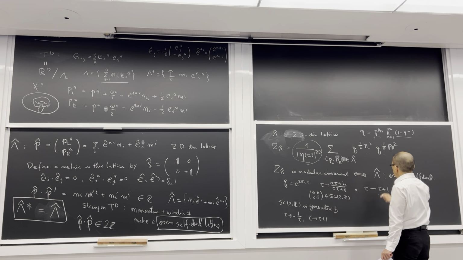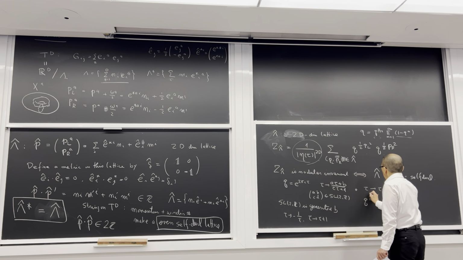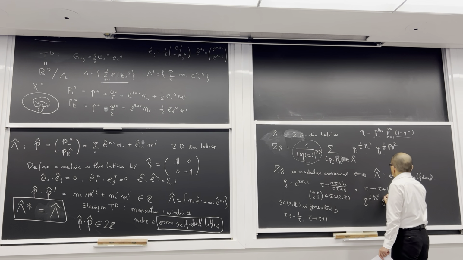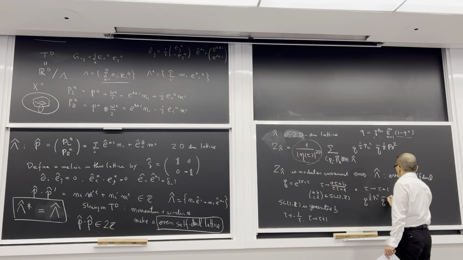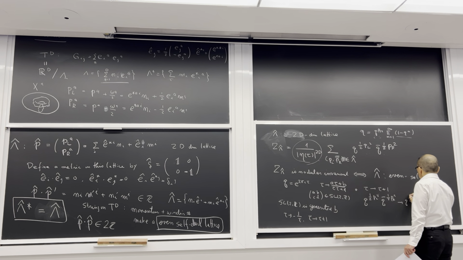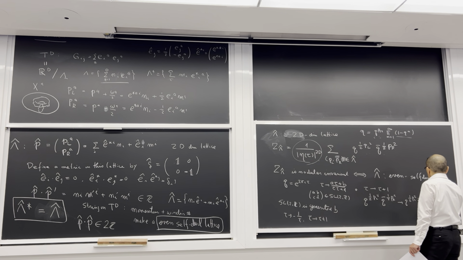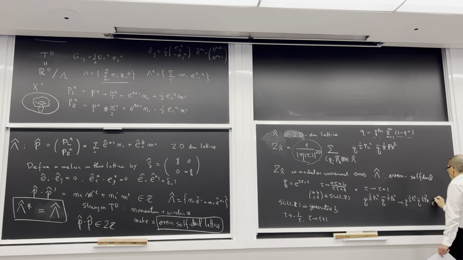So if you do this, then q to the 1/2 of p left squared, q bar to the 1/2 of p right squared goes to the same thing. But you also have e to the pi i of (p left squared minus p right squared). Because if you do this, q goes to e to the 2 pi i times q by definition.